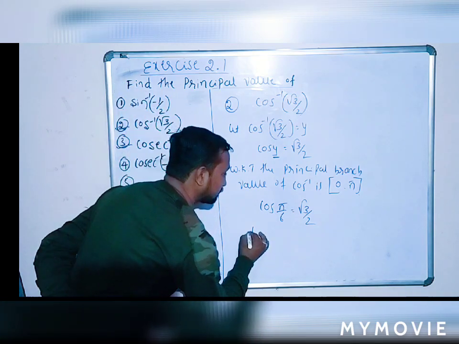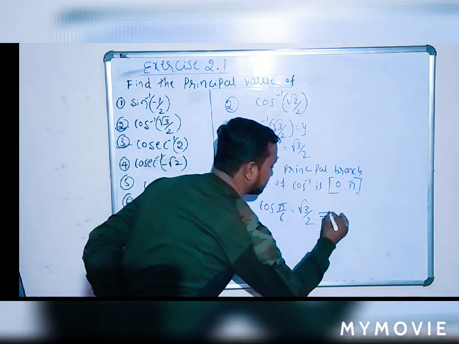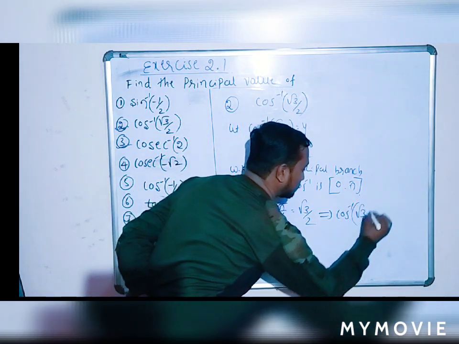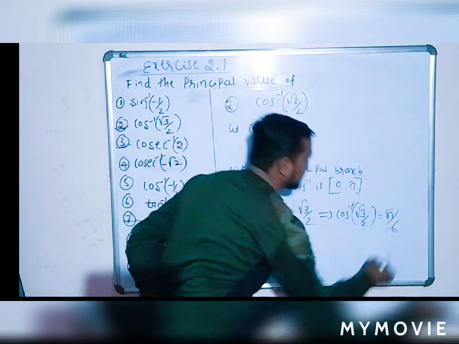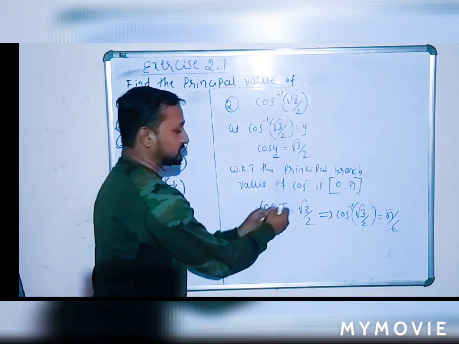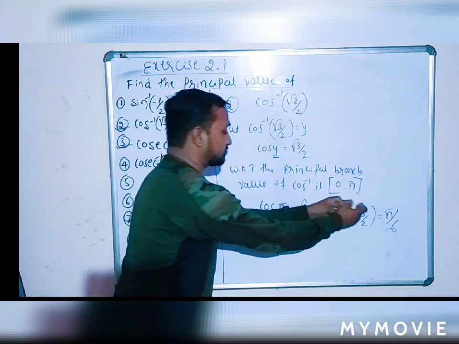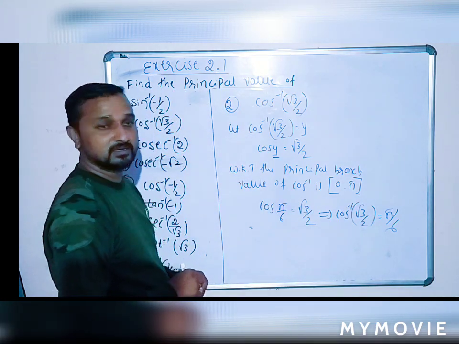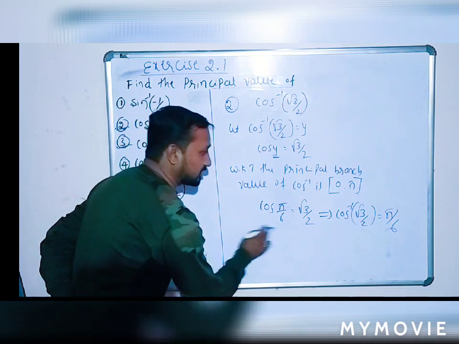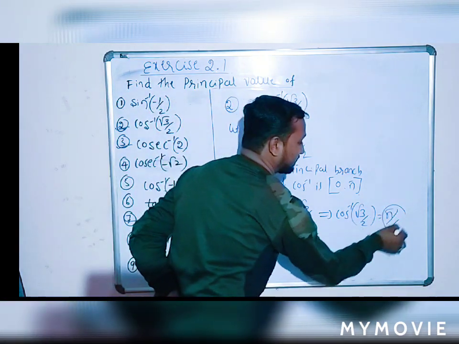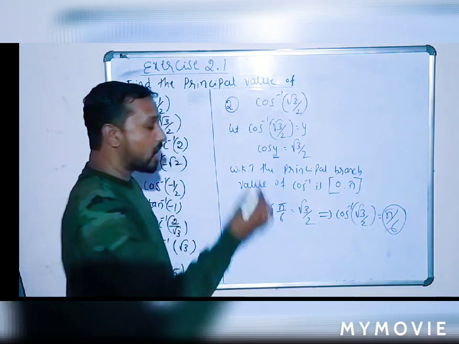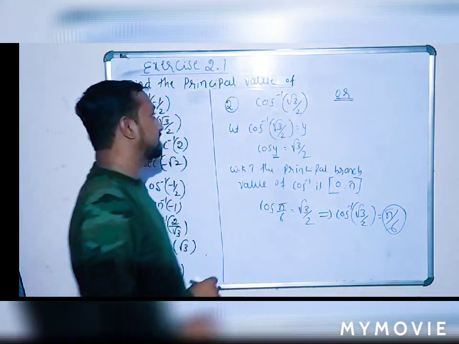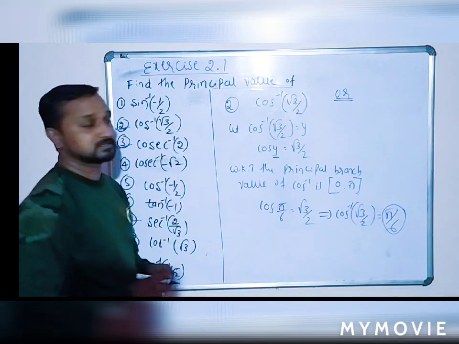Thus, this implies that cos inverse of root 3 divided by 2 is equal to pi by 6. The principal branch value is pi divided by 6. Already we solved this type of example. Or directly we can solve this example with only positive angles.